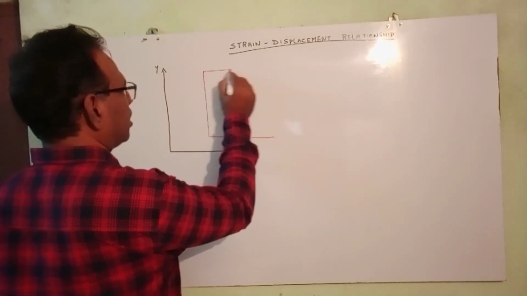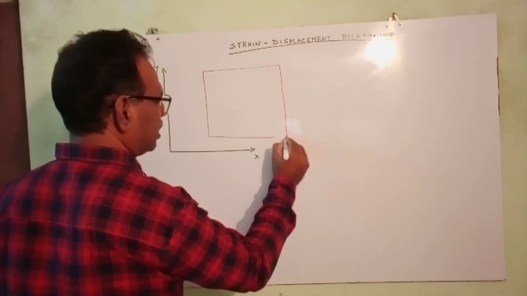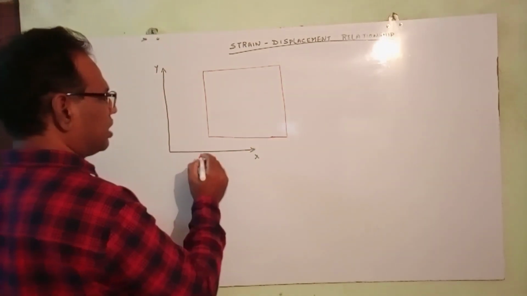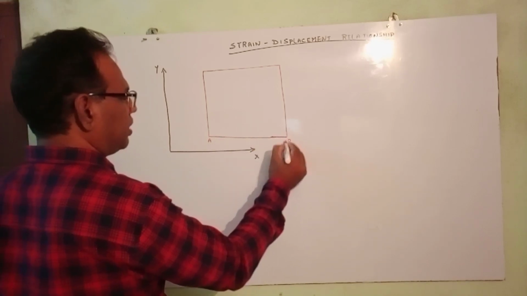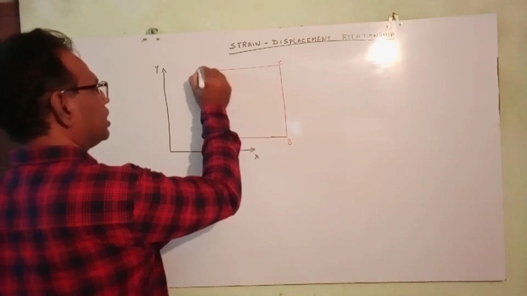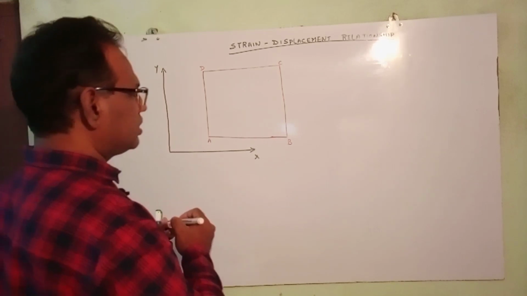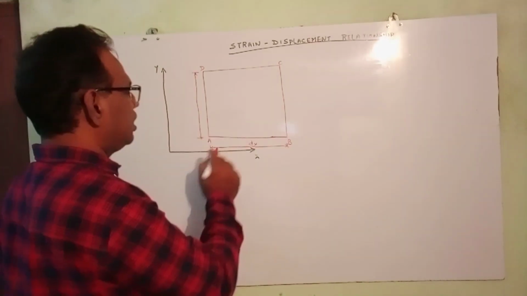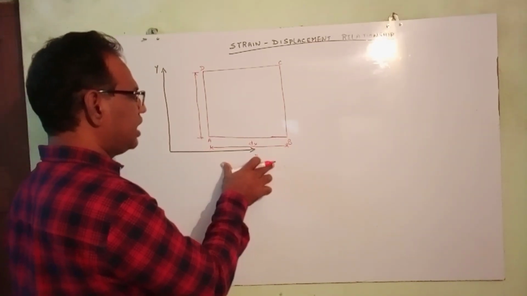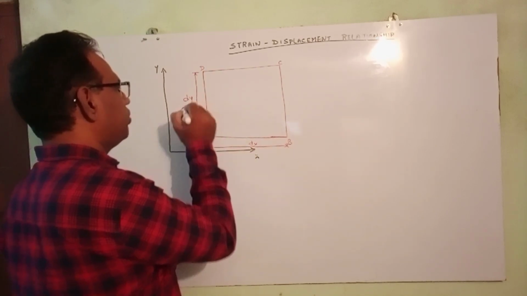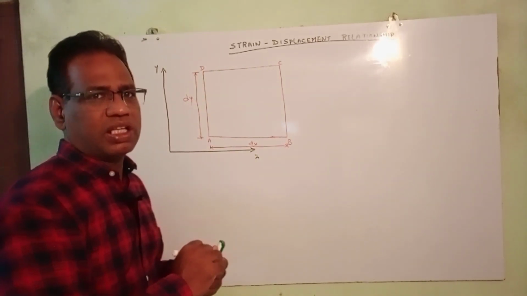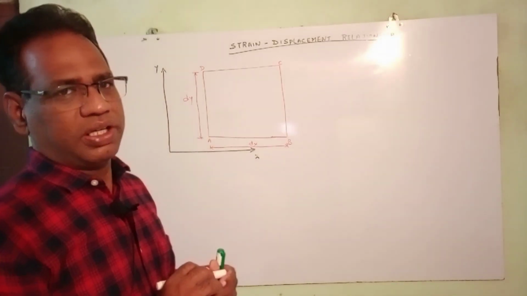Out of the diagram we had in 3 dimensions, on the xy plane I am going to consider a face ABCD, where the length of the element in the x direction is dx and in the y direction it is dy. These are the dimensions of the element.